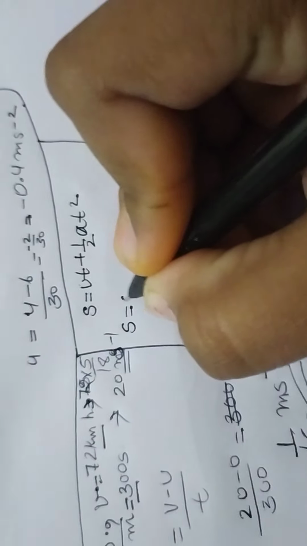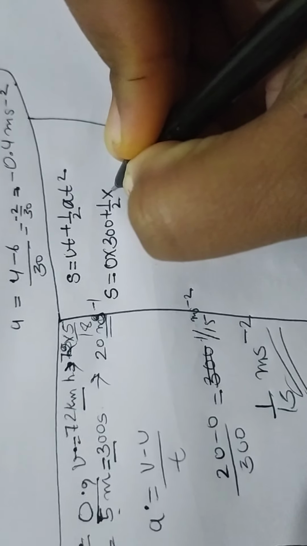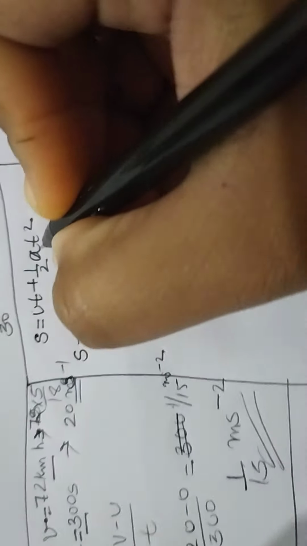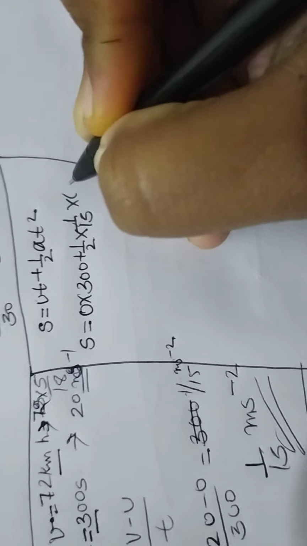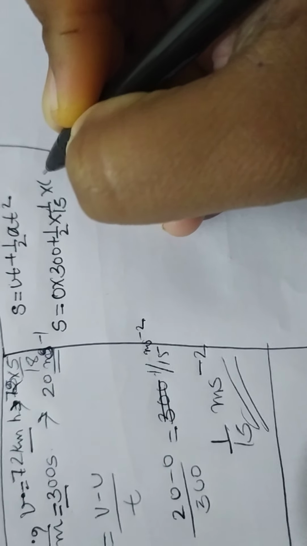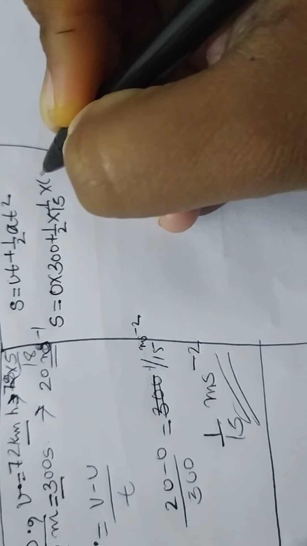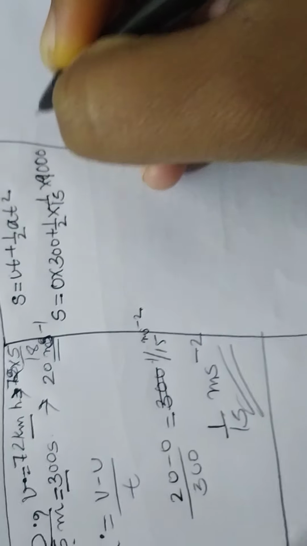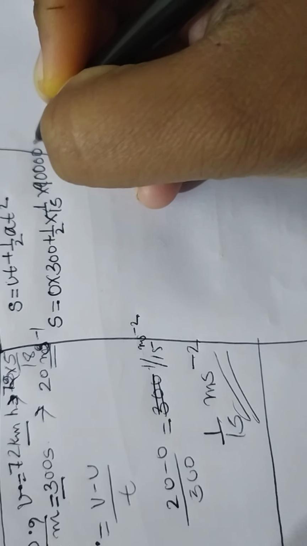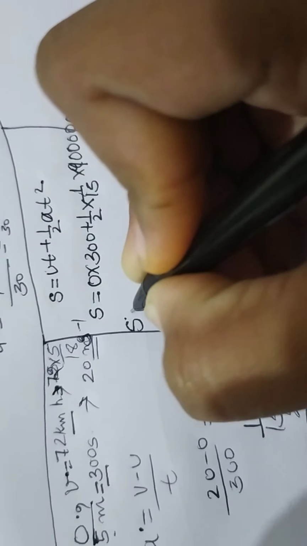Now we write 0 multiplied by 300 plus 1/2 multiplied by acceleration, which earlier we found is 1/15, multiplied by 300 whole square. 300 whole square is 90,000.